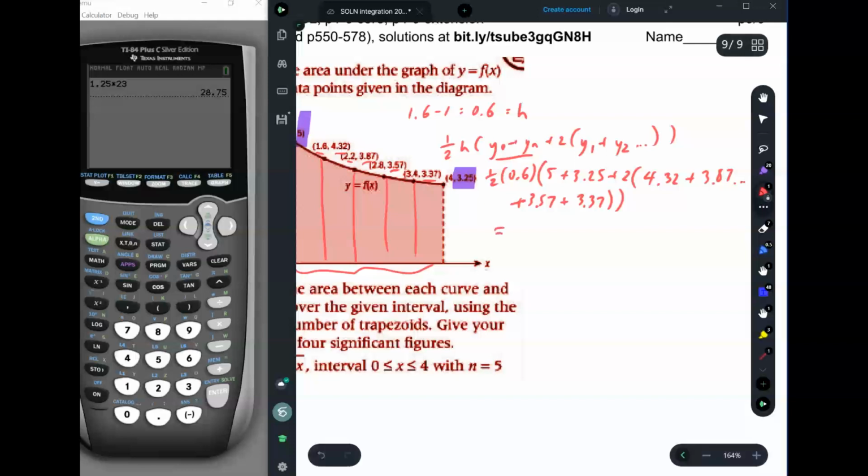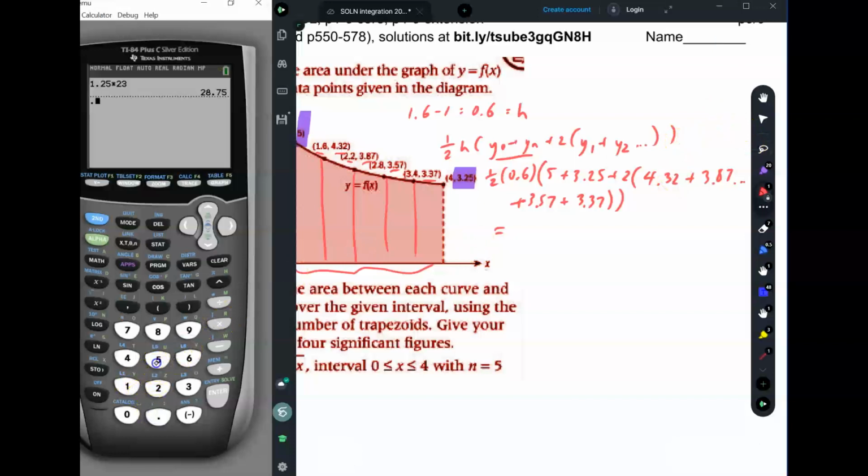So now I just plug it into the calculator and see what I get. I could just type it in all like this. For 1/2, I'm just going to put 0.5 because that's a little bit easier to type in. And then I'm going to multiply that times 0.6. And then I'm going to type in this mess here. So it's 5 plus 3.25, which are the left and the right edges.